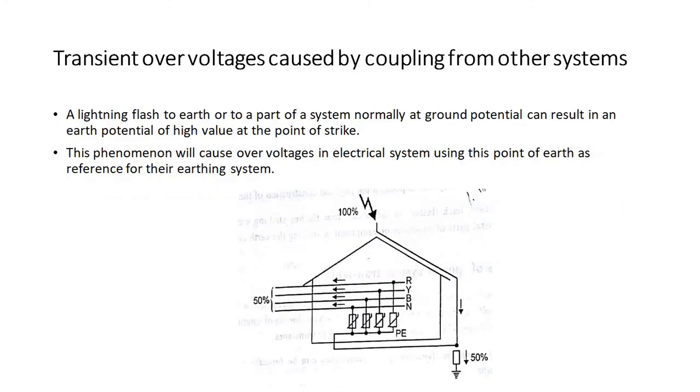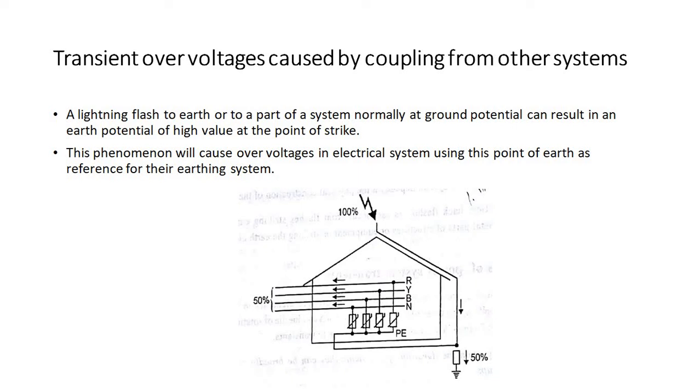The next one, transient overvoltages caused by coupling from other systems. A lightning flash to earth or to a part of a system normally at ground potential can result in an earth potential of high value at the point of the stroke.